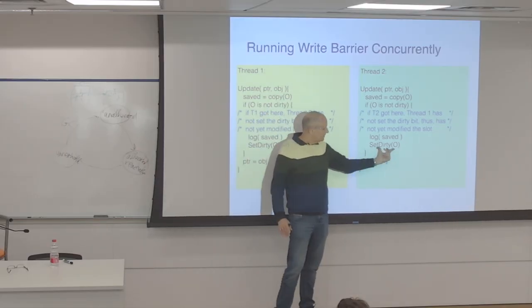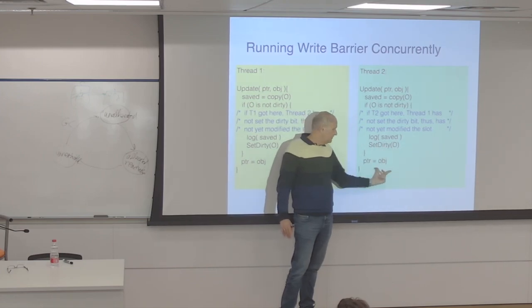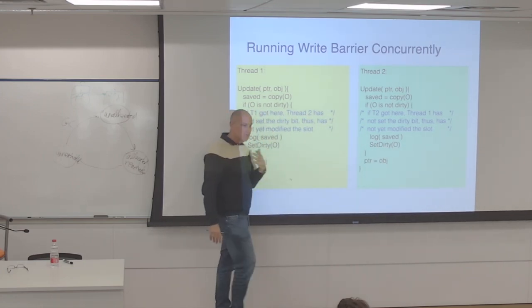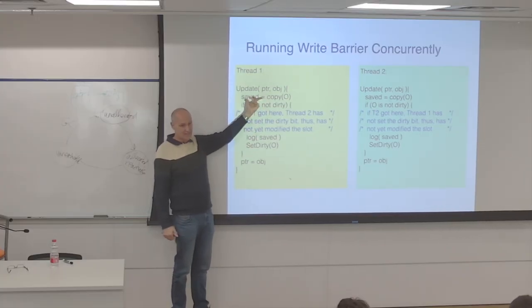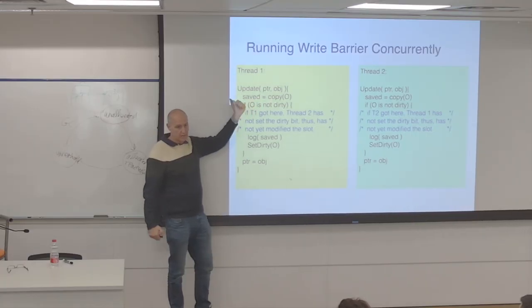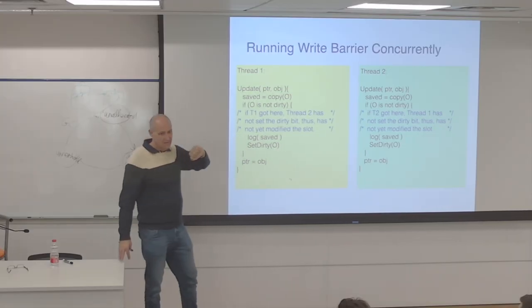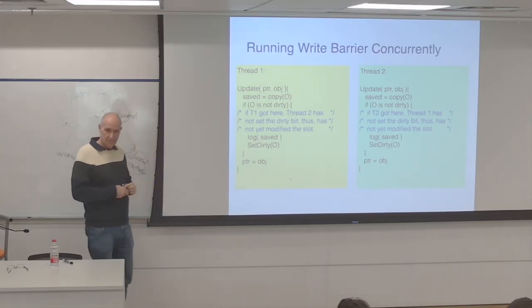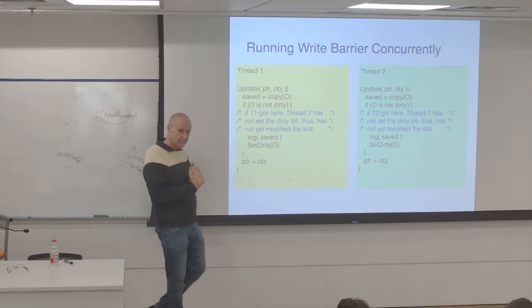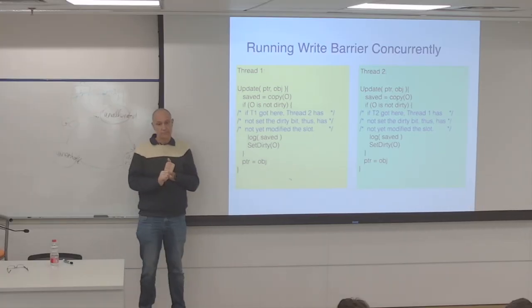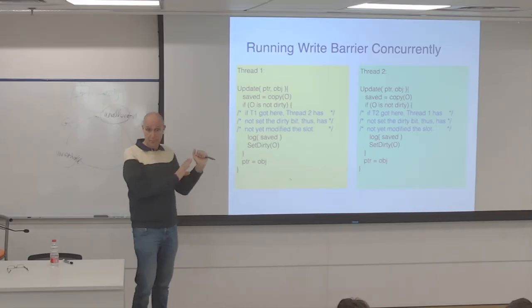Because the object becomes dirty before it is modified, if I see it not dirty and I've already read its state, then the state has to be from before any modification happened concurrently. Okay? Exactly. This is the property that we have.